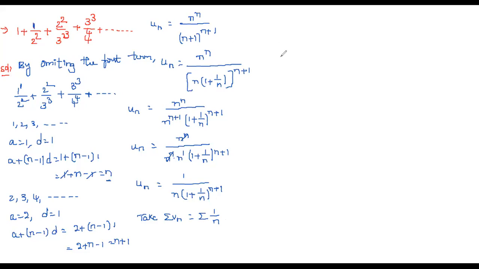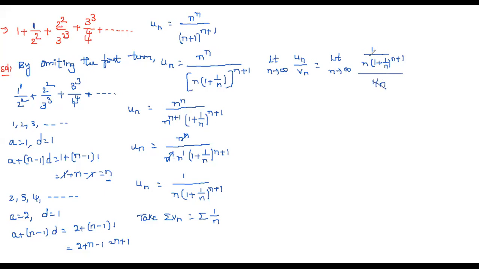And immediately you have to check the condition. So what about the condition? Limit n tends to infinity of u n by v n. So u n is nothing but 1 by n into 1 plus 1 by n whole power n plus 1, the whole thing divided by 1 by n.